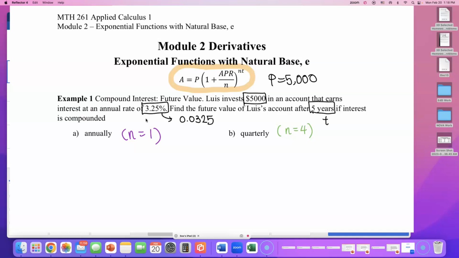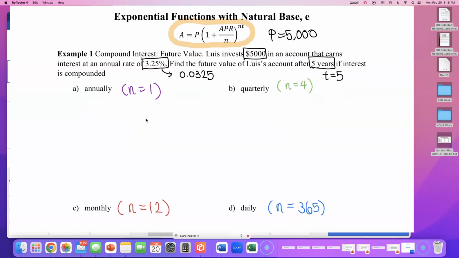And they want us to find the future value after 5 years. So t is equal to 5. Time is equal to 5. So let me set up all 4 of these, and then I will open up a calculator and do all of them at the same time. Okay? So for annually, Luis starts with 5,000. We'll write down 5,000. That's getting multiplied by 1 plus the APR of 0.0325. Well, you're dividing this by 1.